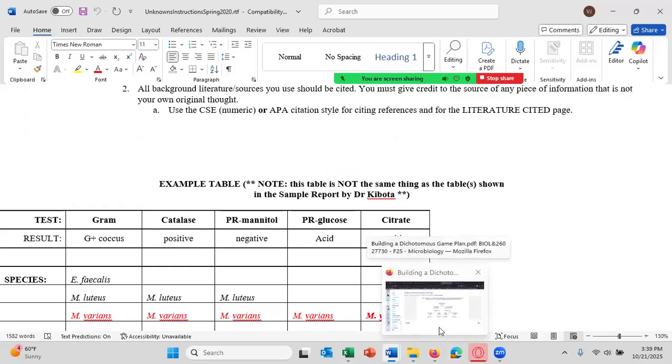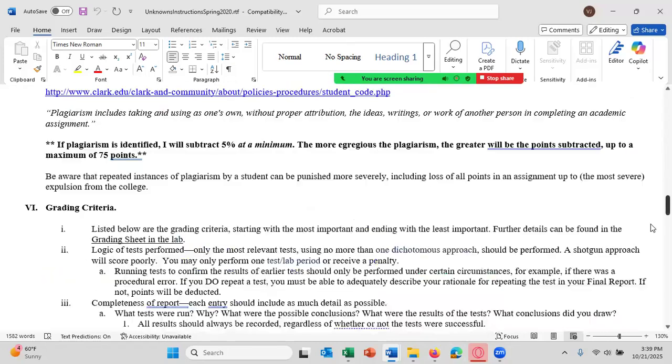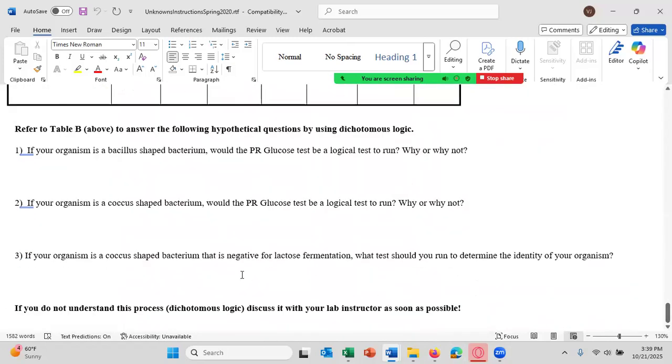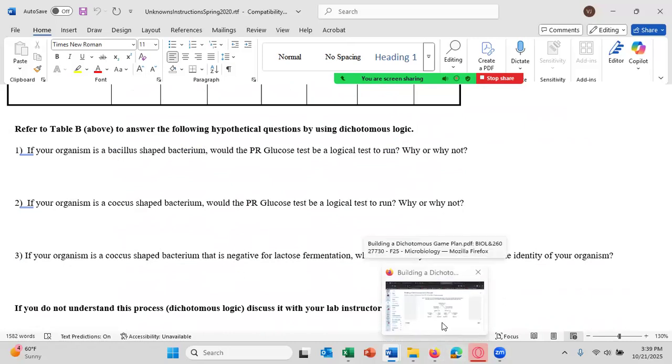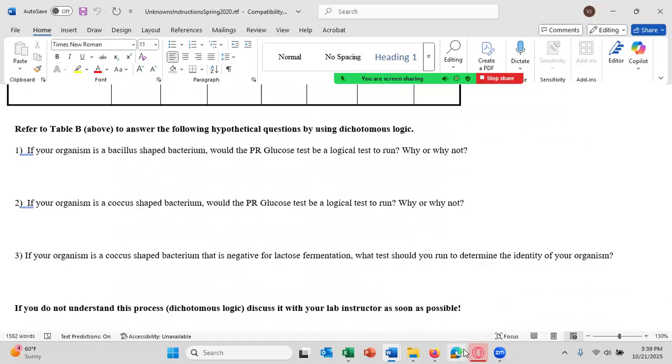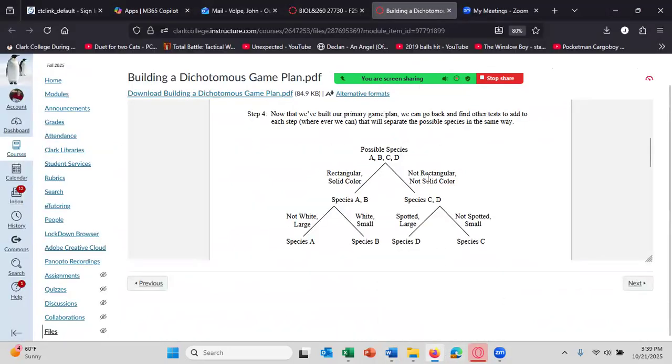If you're confused on dichotomous logic, just go through I've got 2 examples here. One that's actually in the end of the last page of the document. And then there's one in week 5 lab, building the dichotomous game plan, which I just showed you right here.